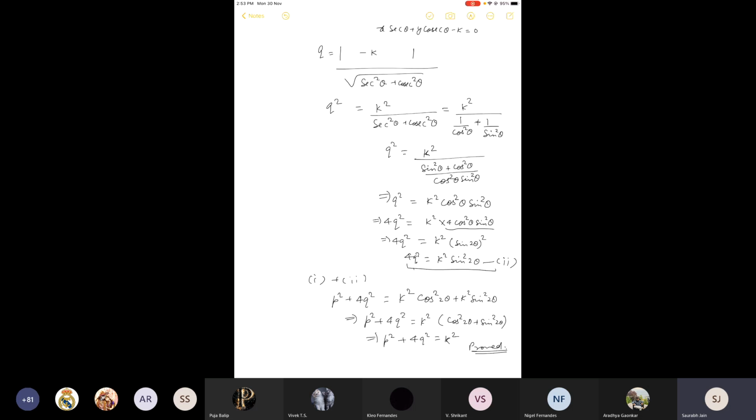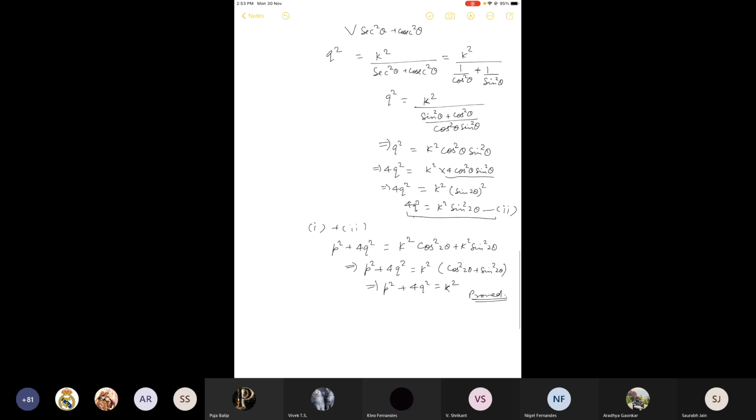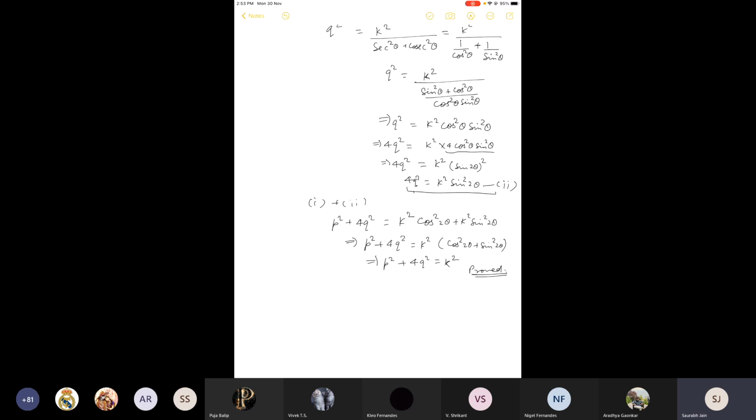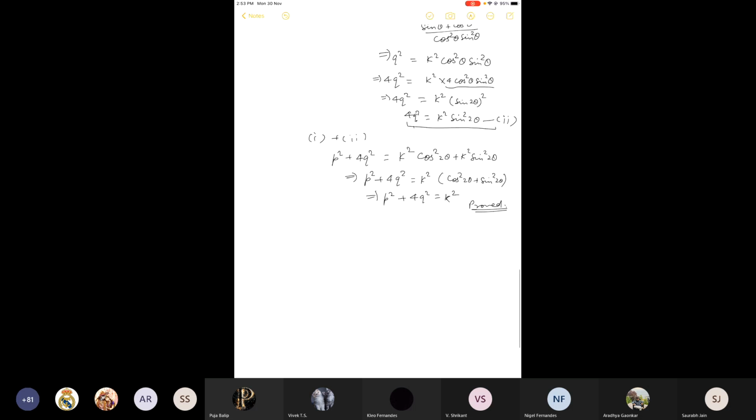Any other doubt from the exercise? (10.3) any doubt? Okay, what about the miscellaneous exercise? Miscellaneous exercise on chapter 10.